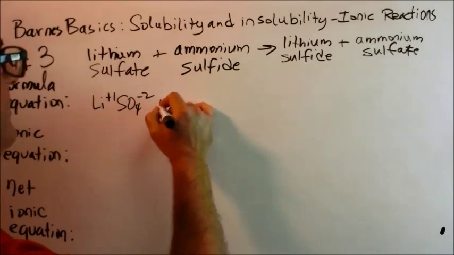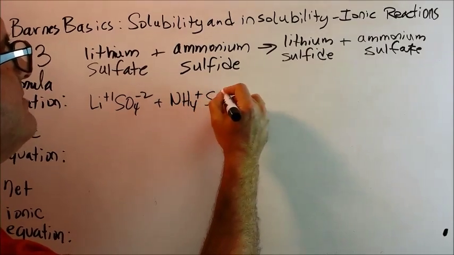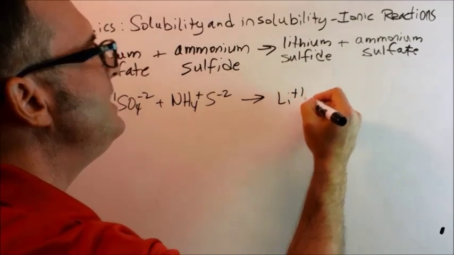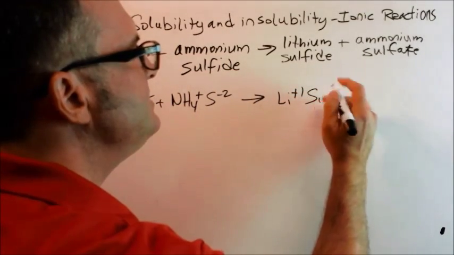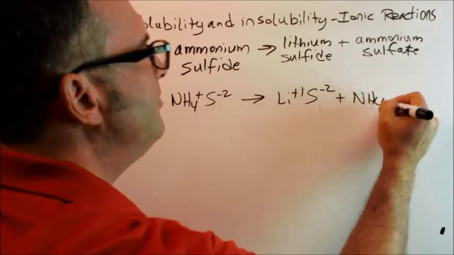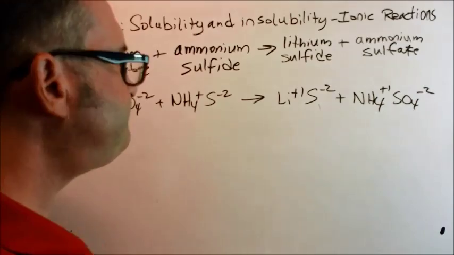Ammonium sulfide. Ammonium is +1 and sulfide is -2. Lithium is +1 and sulfide is -2. Ammonium is NH4 +1 and sulfate is SO4 -2.